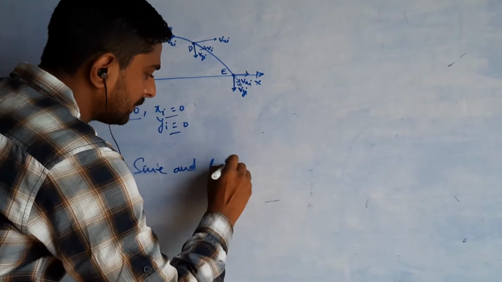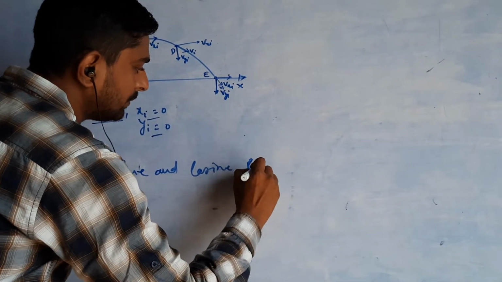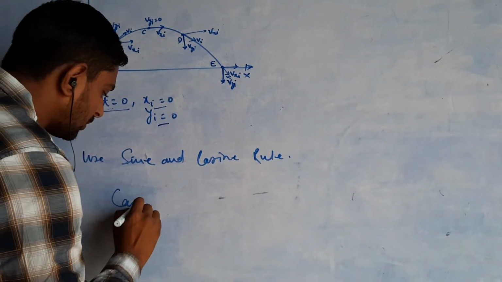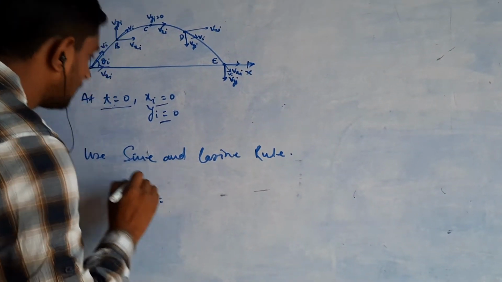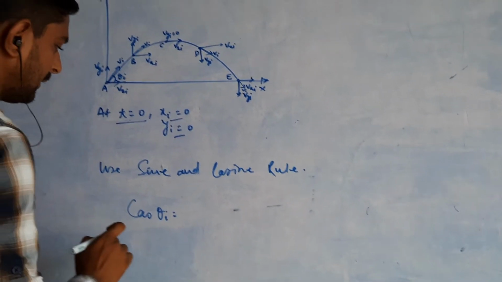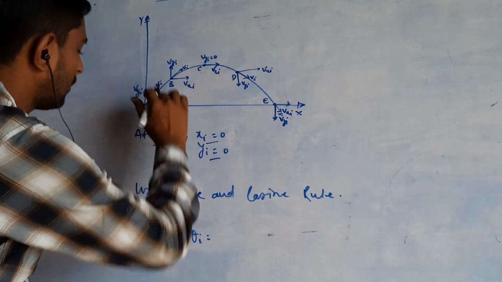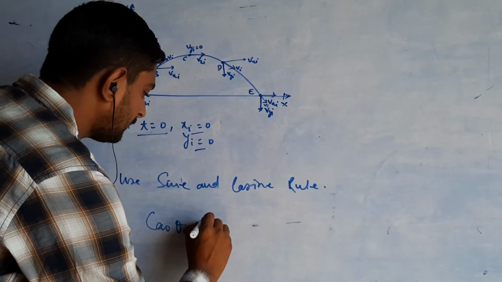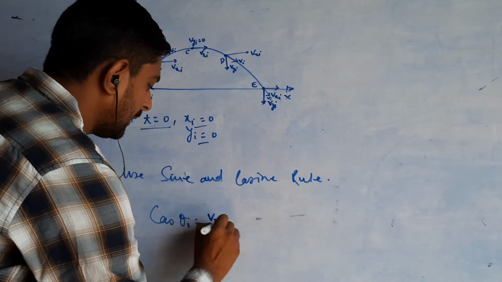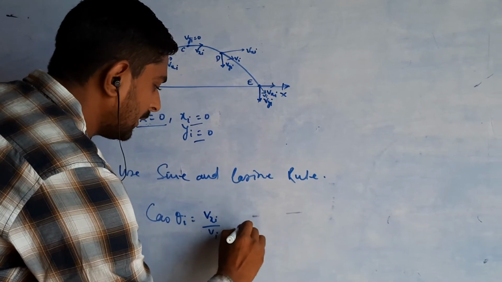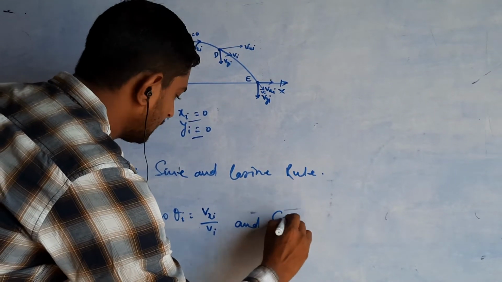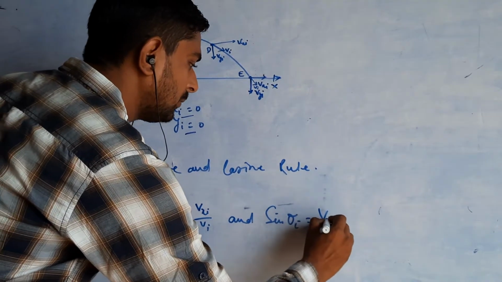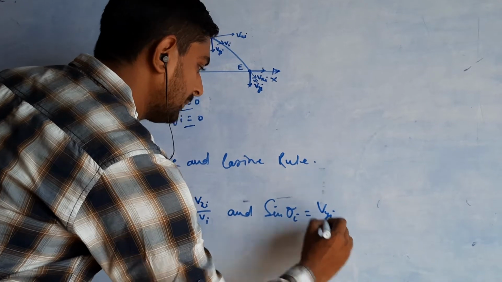Cos theta i is vxi by vi, and sine theta i is vyi by vi.